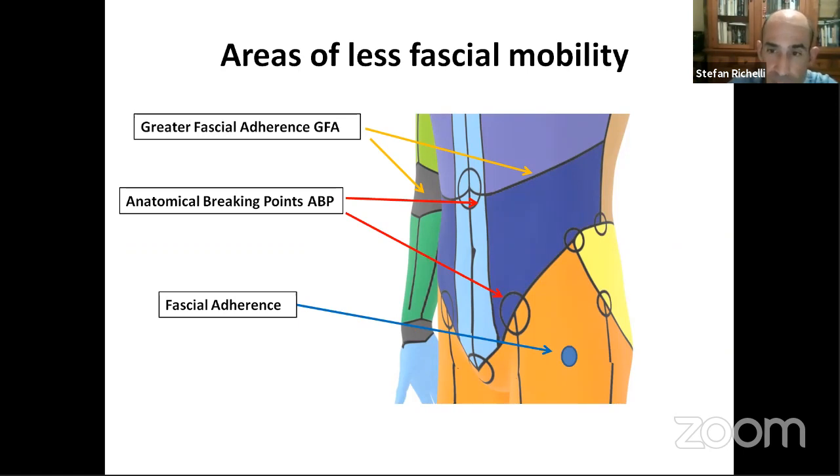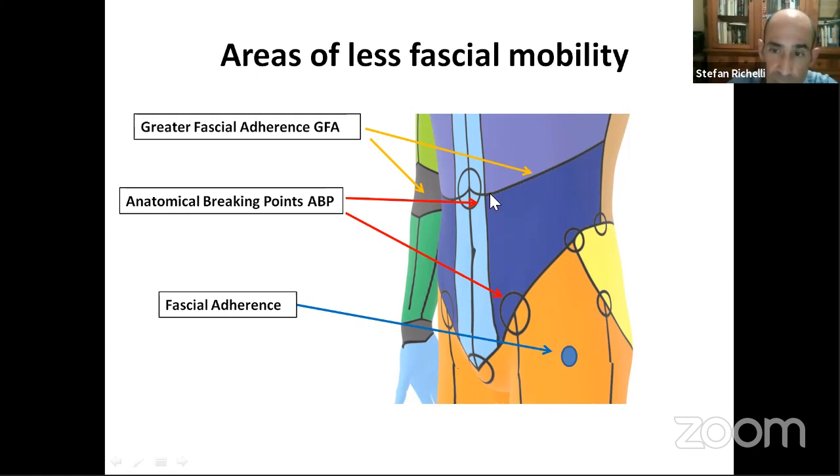She discovered, and other authors also, that there are specific areas where the skin is more fixed to the deeper layers. So we have greater fascial adherence, GFA. All these black lines are where the skin is more fixed to deeper layers.